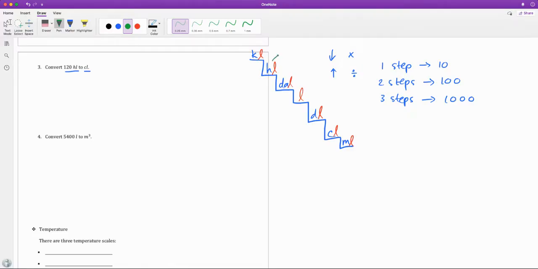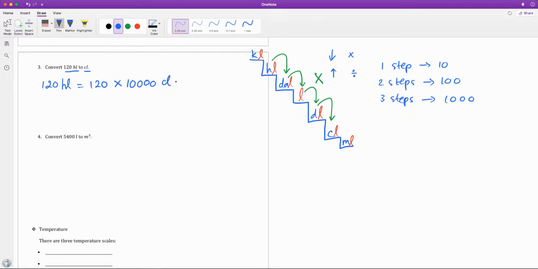So hecto to centi, stepping down by 1, 2, 3, 4 steps. It means we need to multiply. Therefore, 120 hectoliter equals to 120. Remember, we multiply by 4 steps. It means 10,000.